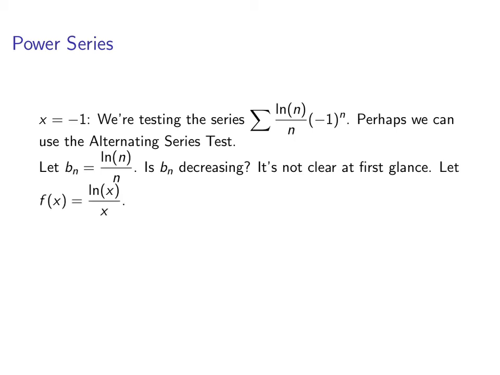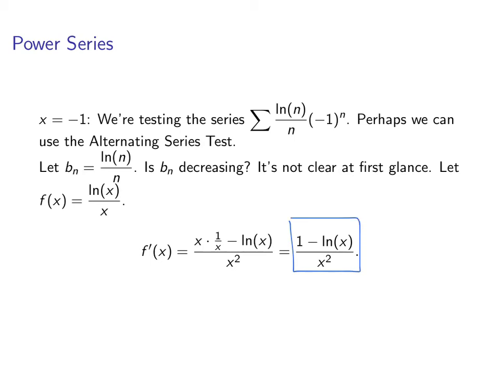So let f of x be equal to log x over x, because I want to take a derivative. So f prime of x is equal to low d high minus high d low, square the bottom, and away we go. So that's 1 minus log x over x squared. So the question is, how do we make this negative?